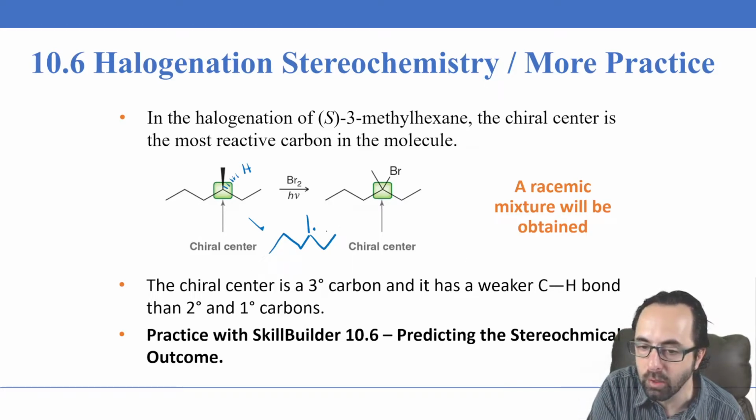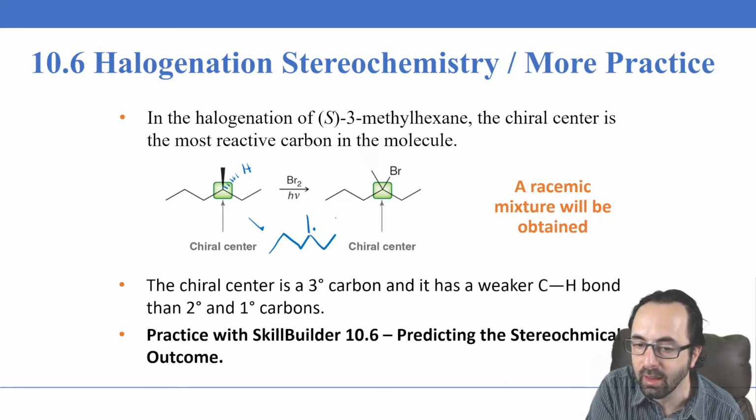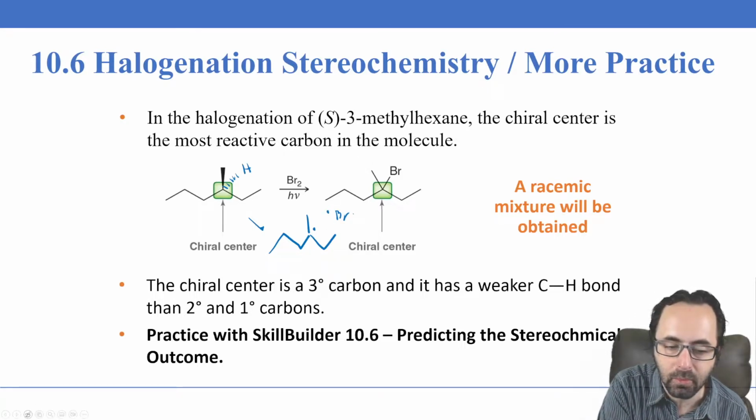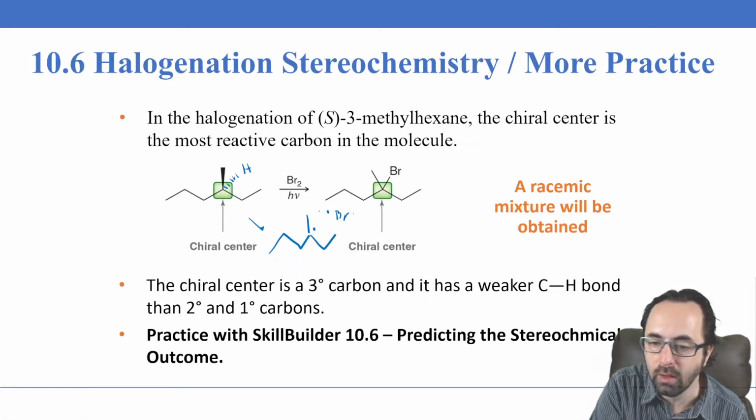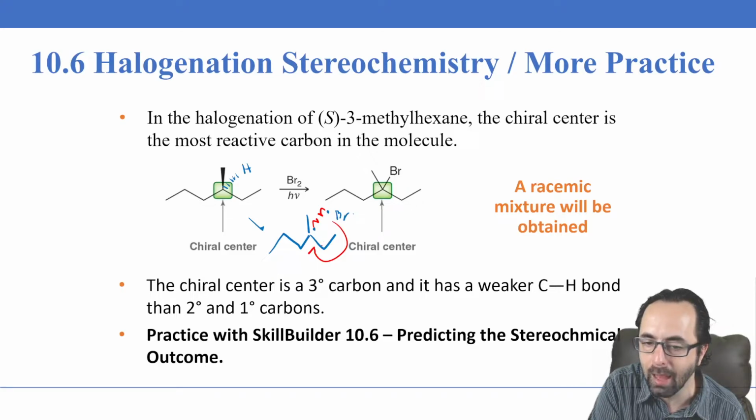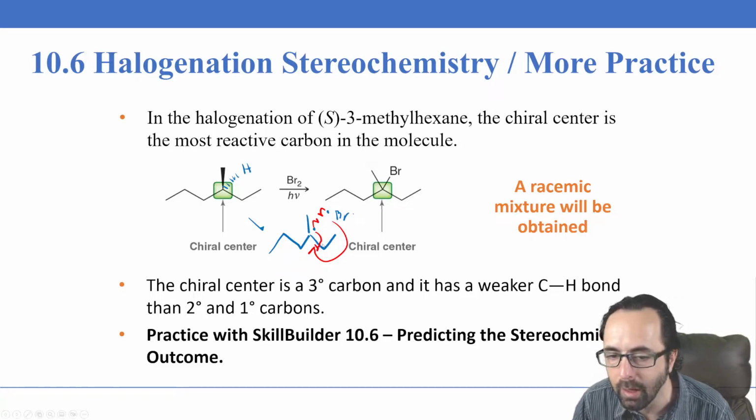And then we get the coupling with the bromine, and this can again happen from either side equally likely. So we can have the coupling from the front like that, or we can have it from the back. What's back or front depends. This is kind of badly drawn, but either direction essentially. And so that's why we get a racemic.